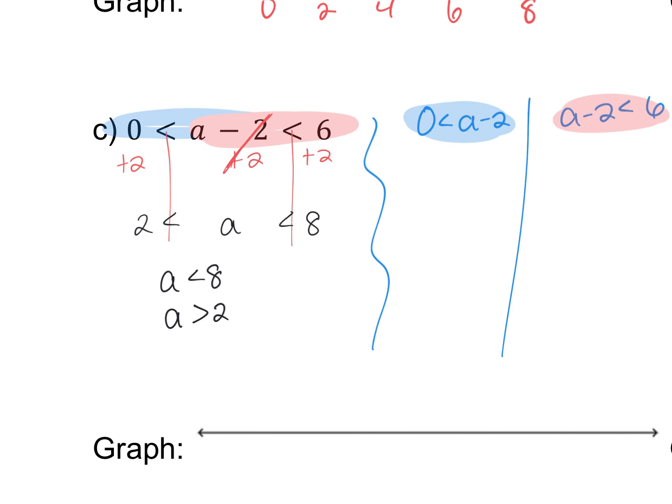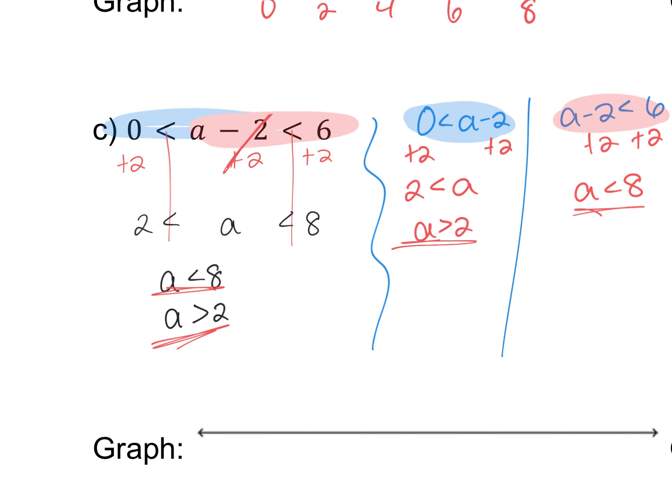So I would here add 2, so 2 is less than a. And then on this one, add 2, so a is less than 8. And if you flip this around, the arrow is still pointing at the 2. So we get the same exact answers.